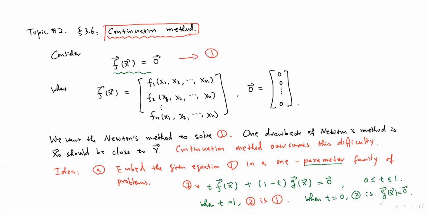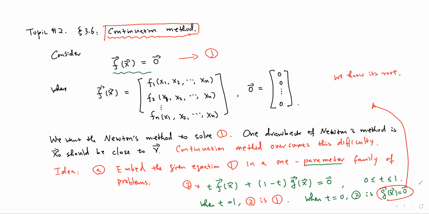Given by us. This equation g(x) is equal to 0. Because g is given by us, we know a root for this equation. We know its root. This is A.